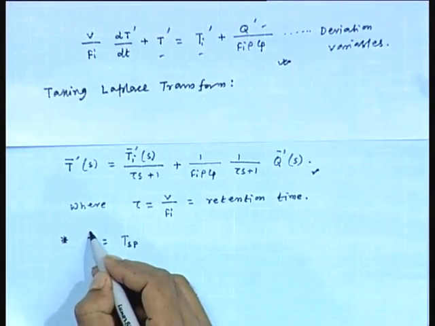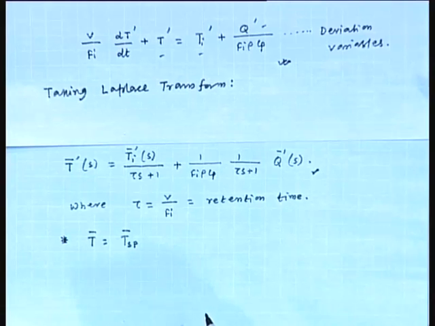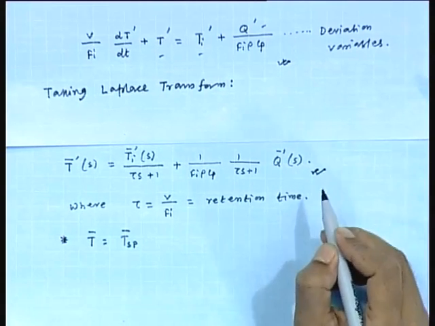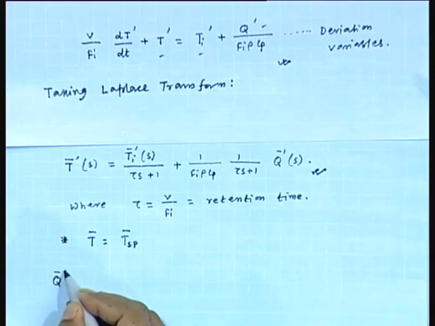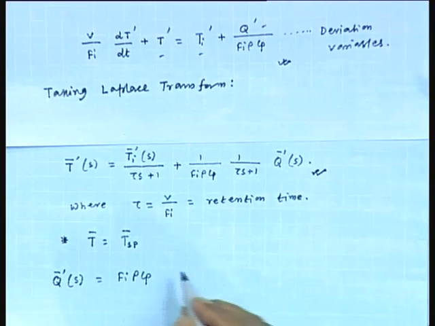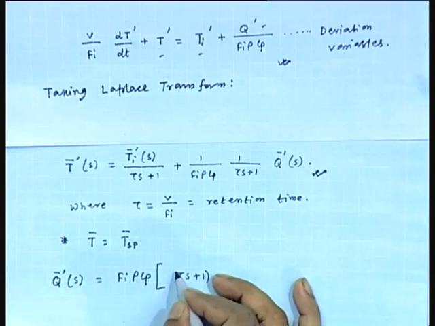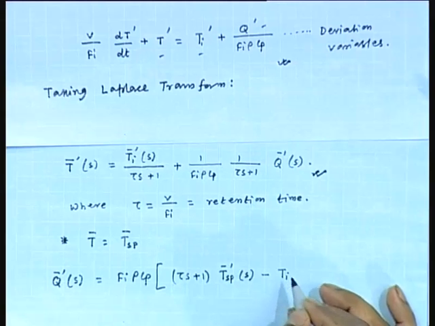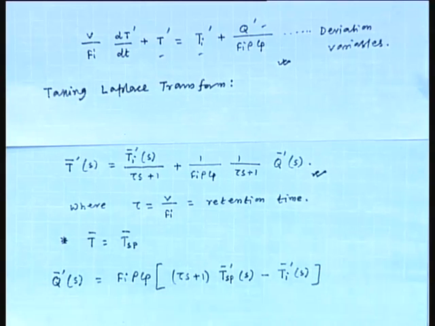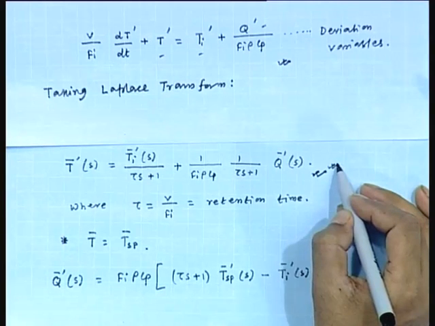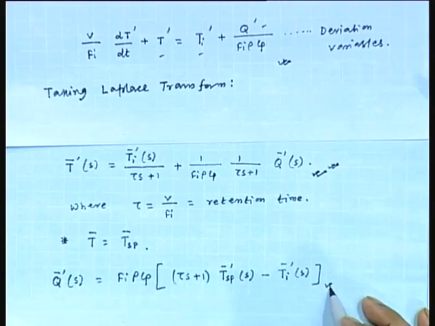So, substituting T set point in place of T in this equation and rearranging, finally we obtain Q bar prime S equal to Fi rho Cp times (tau S plus 1) T set point bar prime S minus T I bar prime S. Fine. This is the expression of Q.